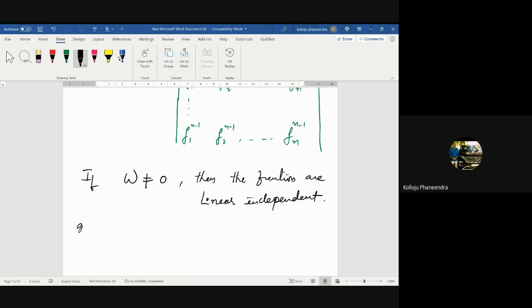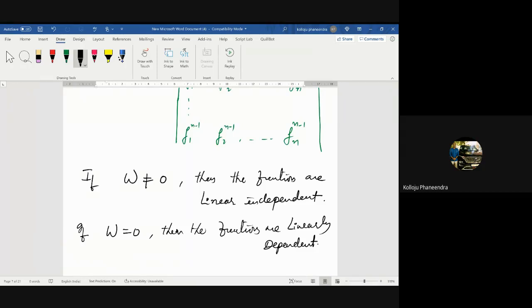If the Wronskian is equal to 0, then the functions are linearly dependent. This is one simple criterion to decide whether the given functions are linearly independent or dependent.